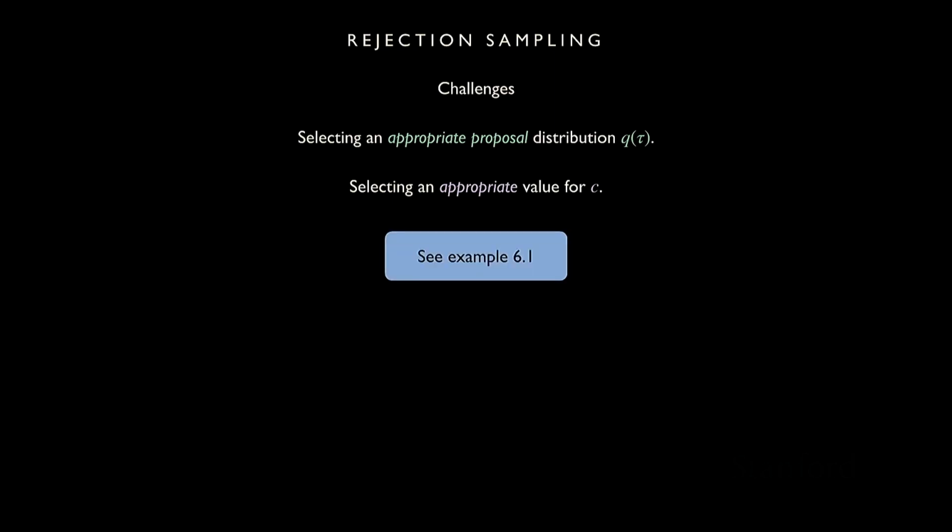One challenge is selecting an appropriate proposal distribution. It's not always obvious how to do this. And selecting an appropriate value for C is also not super easy to do. If you want to see how this breaks down for a bigger example, like the pendulum, example 6.1 in the textbook goes through this process, so you can check it out.